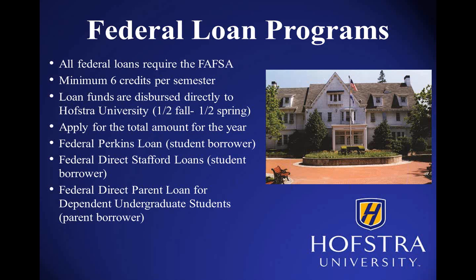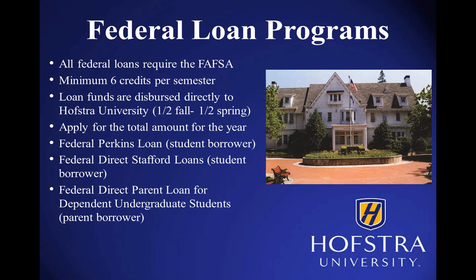One of the most common ways families finance the cost of attendance is through education loans. All federal loans require the FAFSA. Additionally, all require a minimum enrollment of 6 credits each semester. Half of the loan will disburse to the fall semester, and half of the loan will disburse to the spring semester.